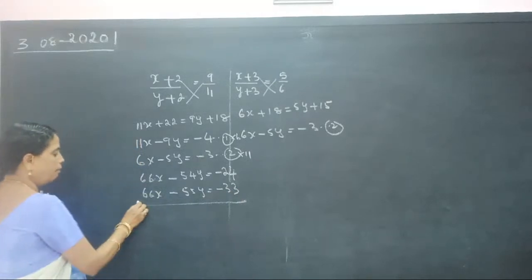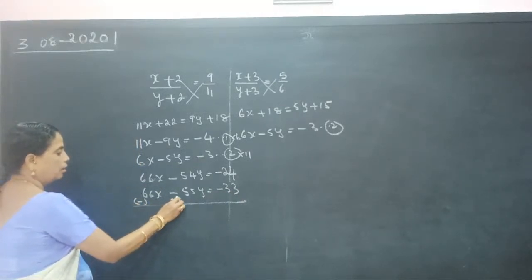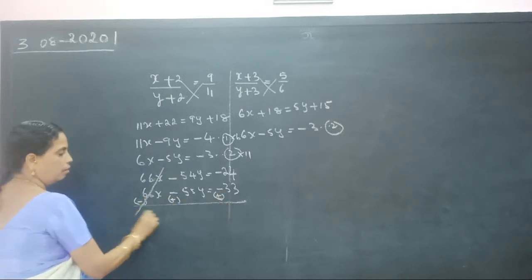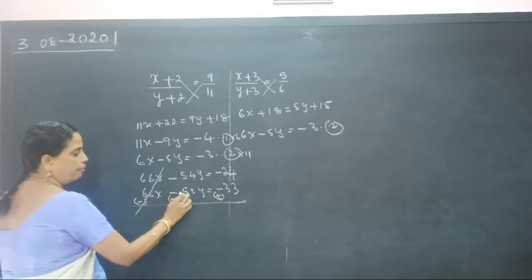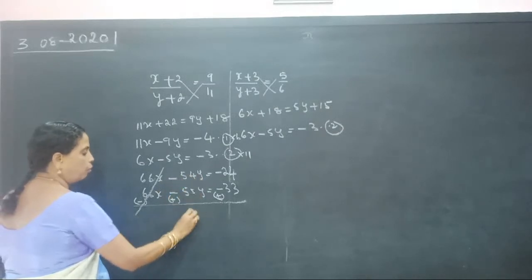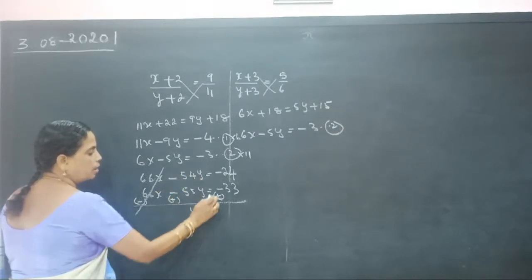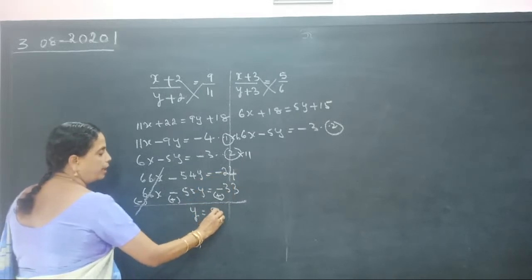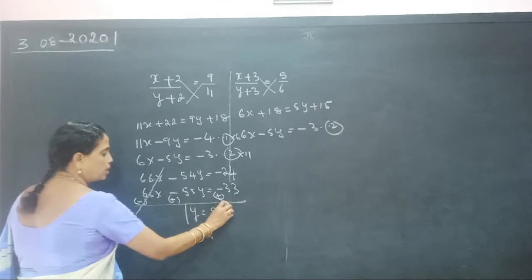To cancel, we do the subtraction. The sign will change and this will get cancelled. What will we have? Plus 55 minus 54, so plus y equals plus 33 minus 24. You will get 9. y equals 9.